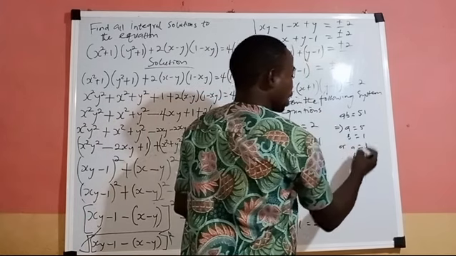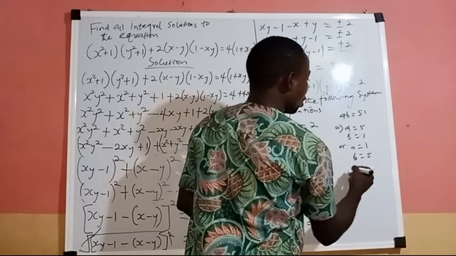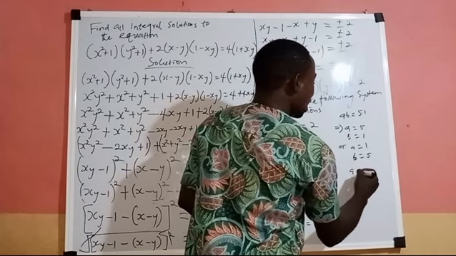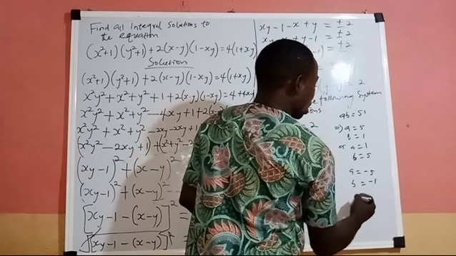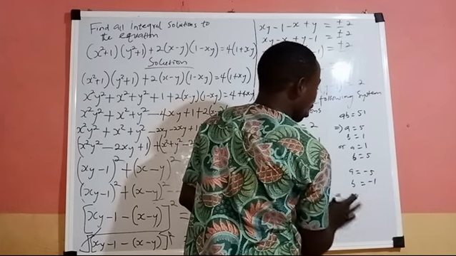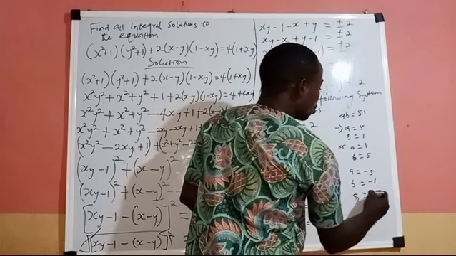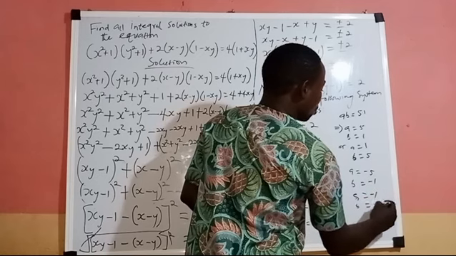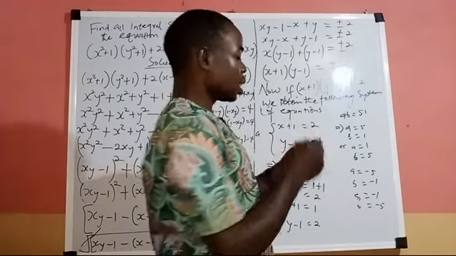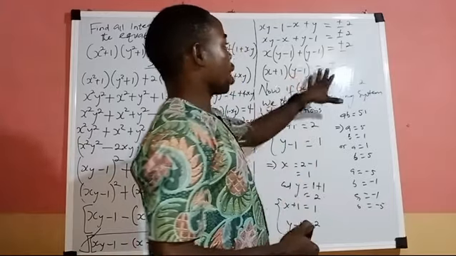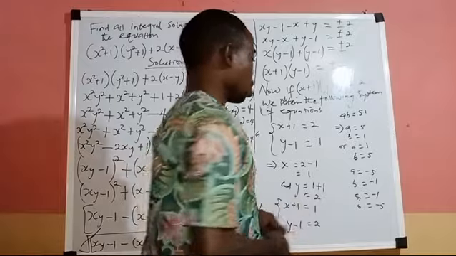And then there are also other cases. There can also be minus. So it's either our A is equal to minus 5 and then our B is equal to minus 1, or our A is equal to minus 1 and then our B is equal to minus 5. So these are just the cases we are going to be using to enlist the possible values of x that will make this equation hold right here.